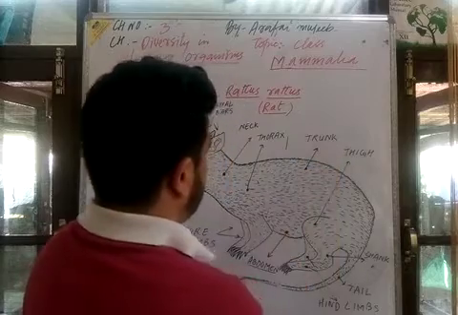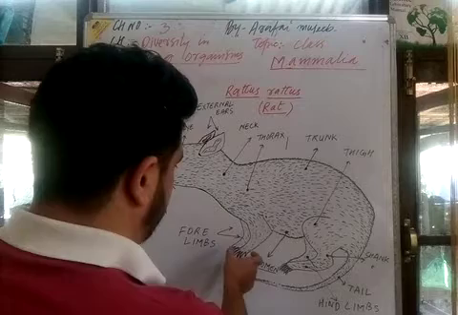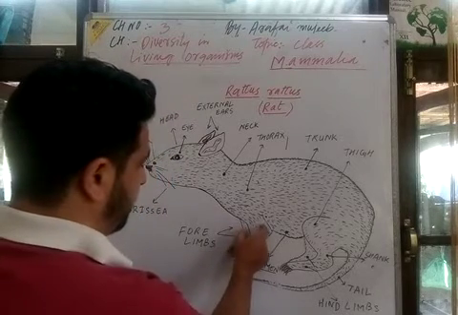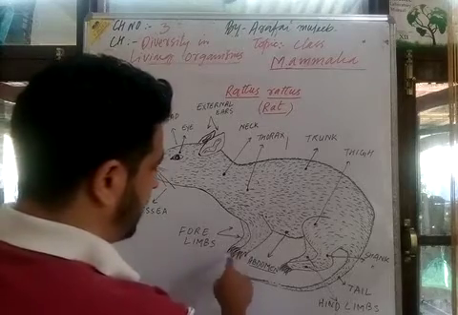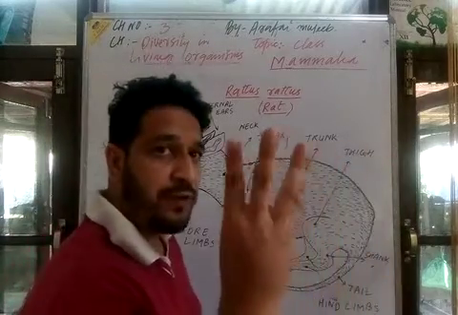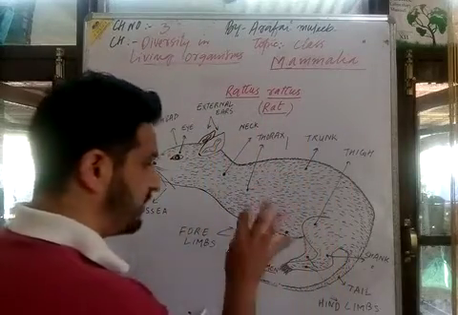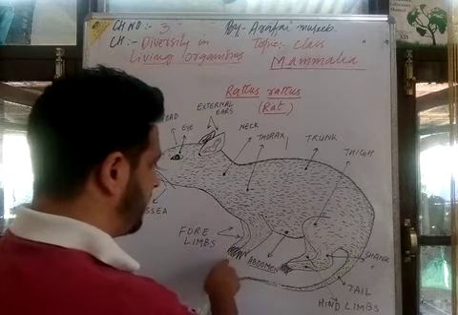In this there is a pair of limbs, four limbs in total. The four limbs have toes, five in number, five digits, and they bear claws.